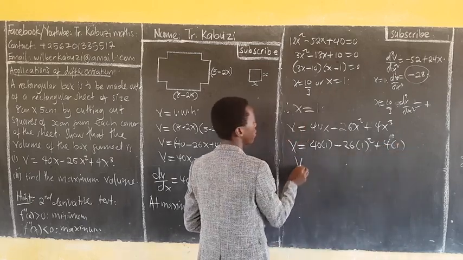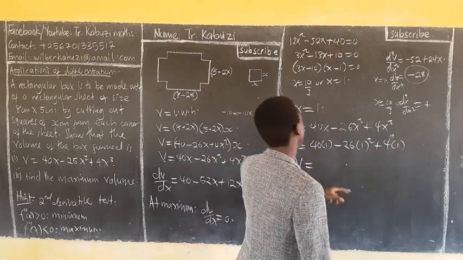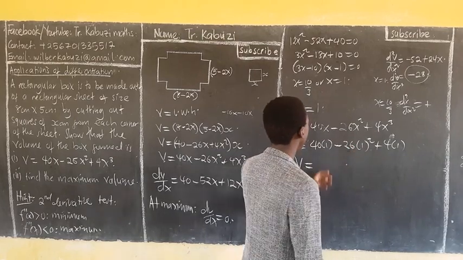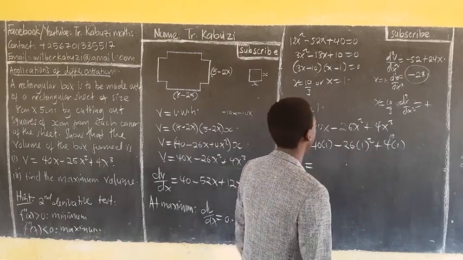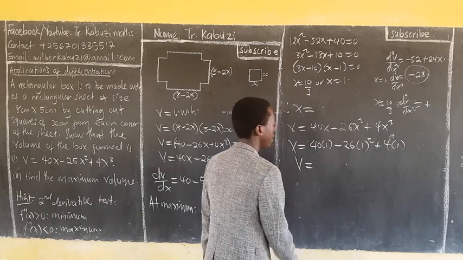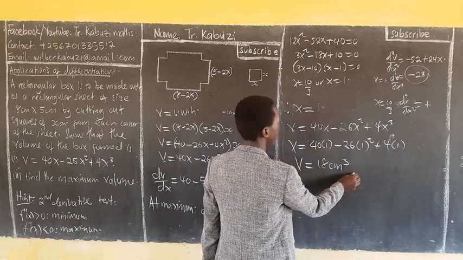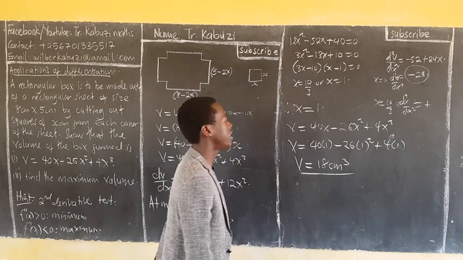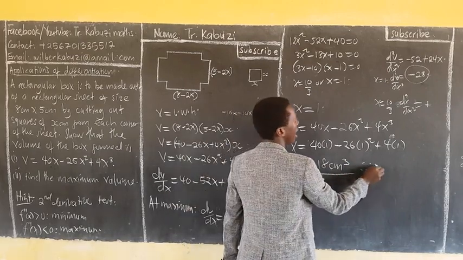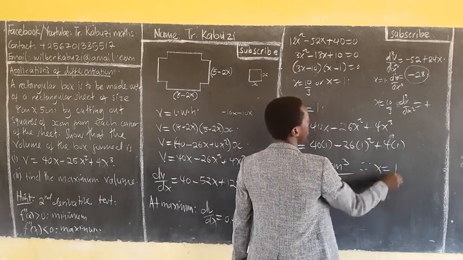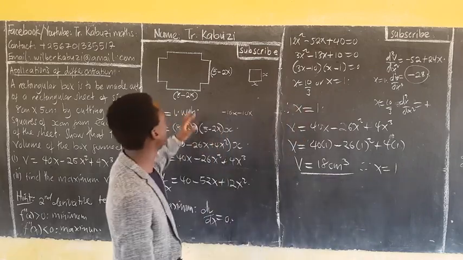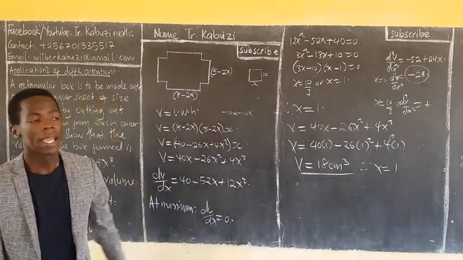So that now my volume will be 40 plus 4, that's 44, minus 26, that will be 18 centimeters cubed. So that will be the volume, and it is occurring when the height is 1. If the height is 1, we calculate the length and we calculate the width. So that's how we start.